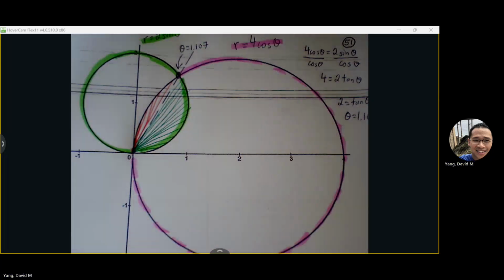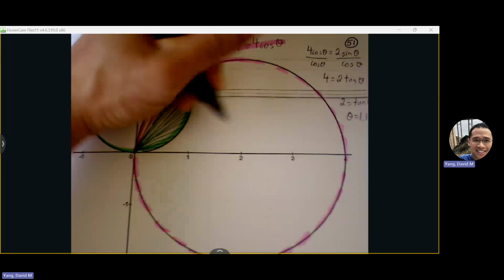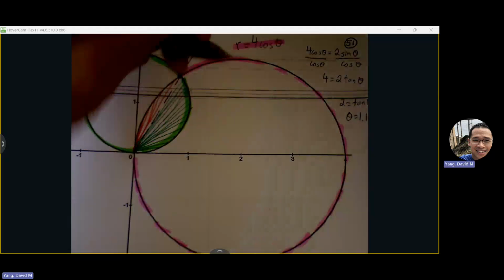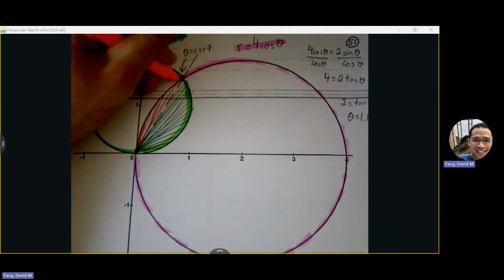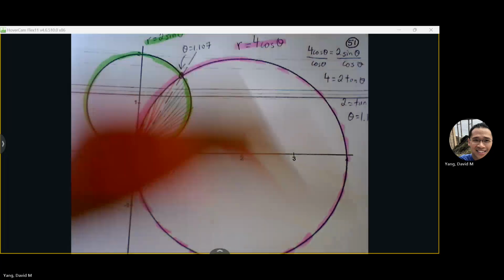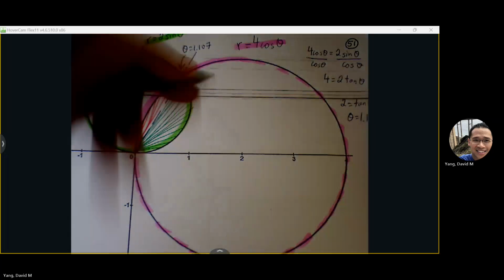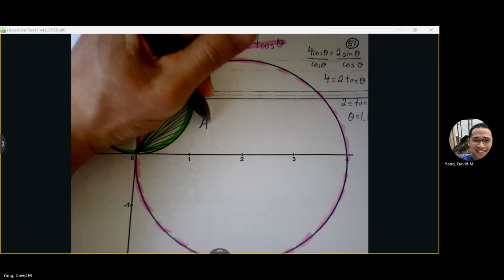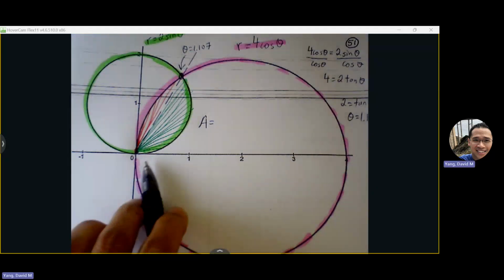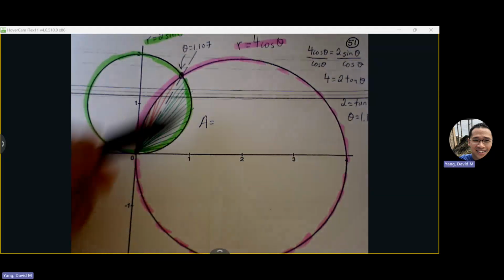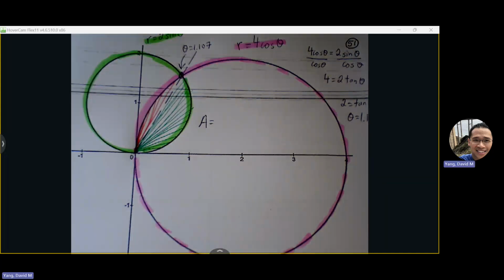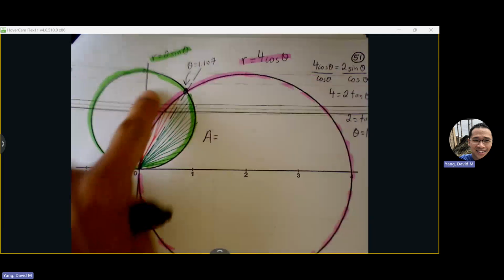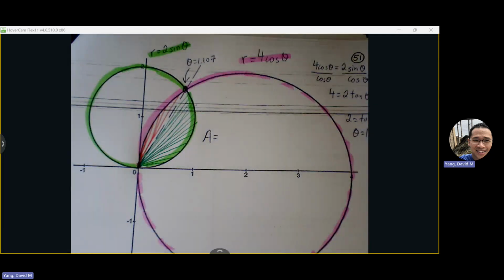So then my area is broken up into 2 definite integrals. The first is this green region, right? So from 0 to 1.107, all we're doing is accumulating area from the 2 sine theta graph.